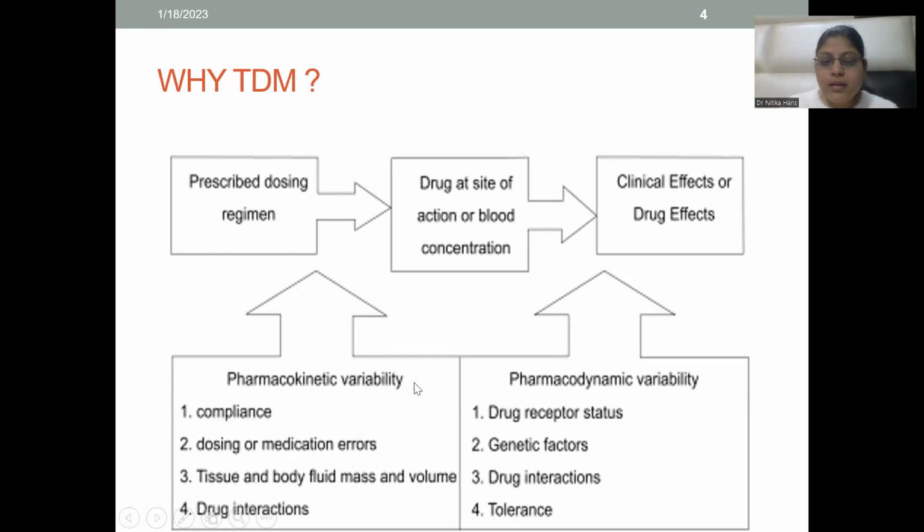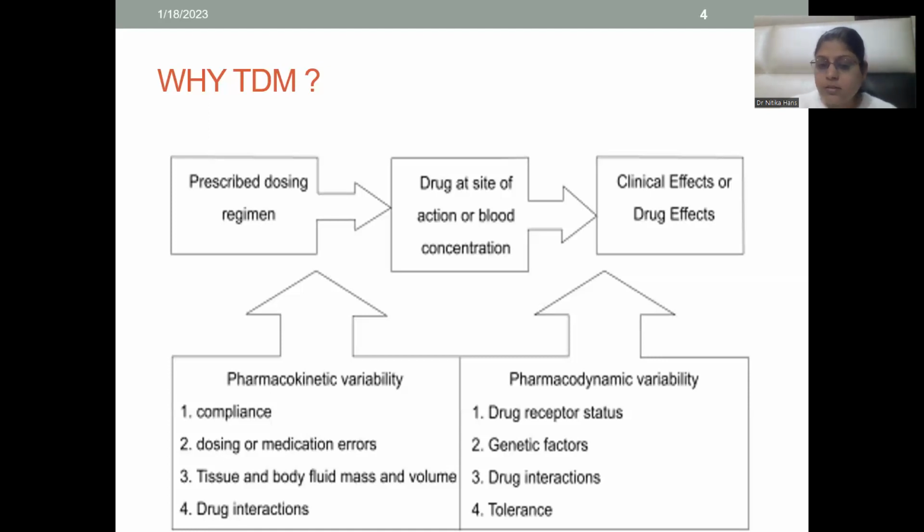This is the pharmacokinetic variability. The drug at the site of action or in blood concentration will produce a clinical effect. When it is producing the clinical effect, there can be pharmacodynamic variability, like drug and receptor status can vary. Then there are genetic factors: different individuals have different genetic makeup, and those genetic factors can affect therapeutic drug levels and drug interactions.